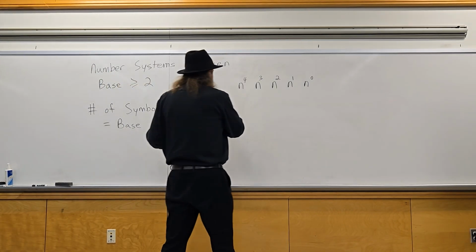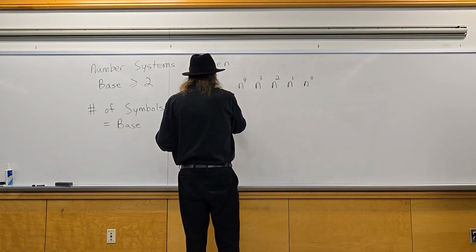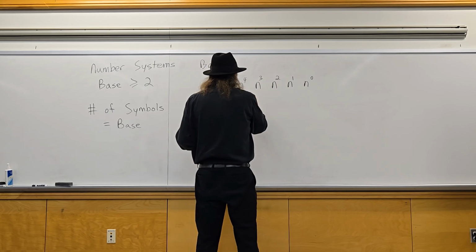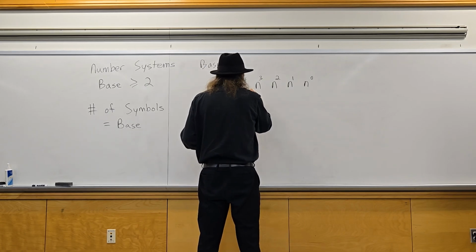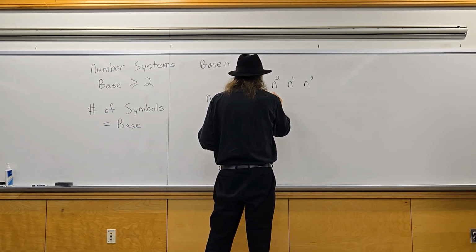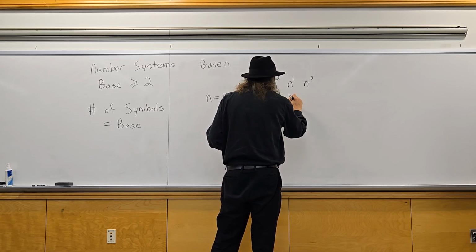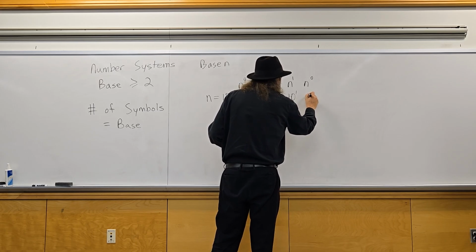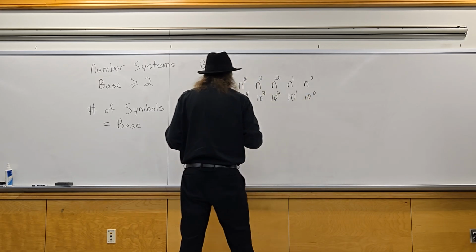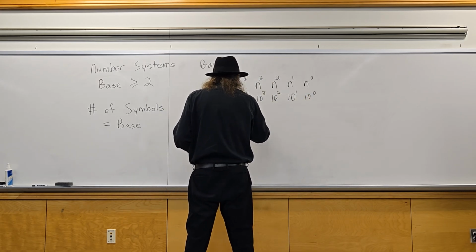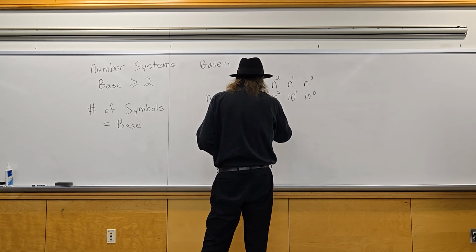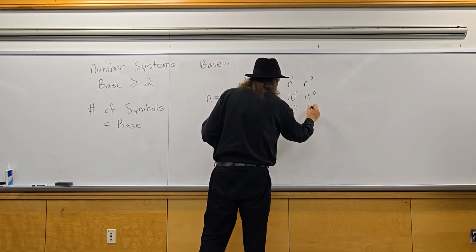So with base 10, you have 10 to the 4th, 10 to the 3rd, 10 to the 2nd, 10 to the 1st, and 10 to the 0th, or 10,000, 1,000, 100, tens, and ones.